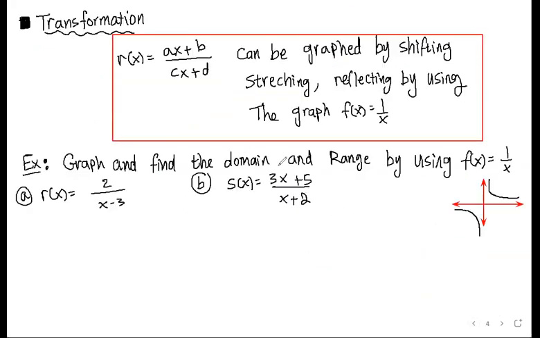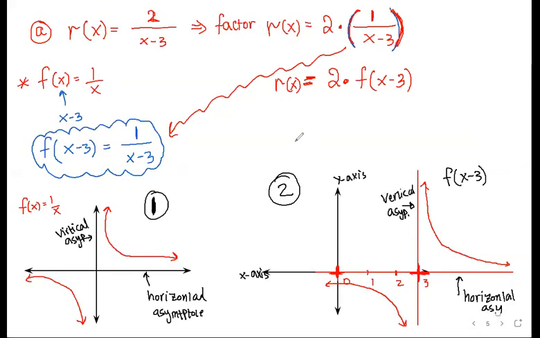For the second one, the same exact idea. But here we have to multiply by 2. How do you multiply? Because here I factor it. R of x equals 2 over x minus 3. I factor it, so I put the 2 outside.